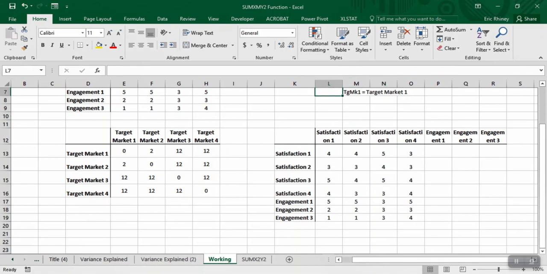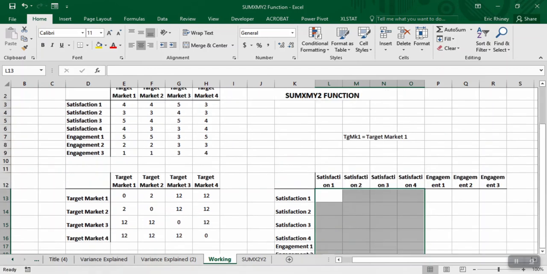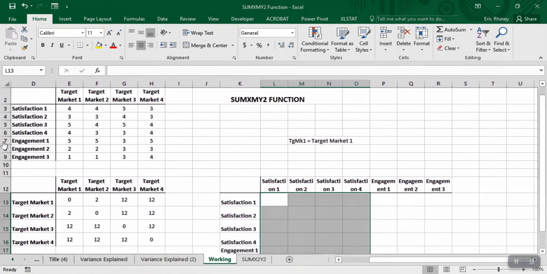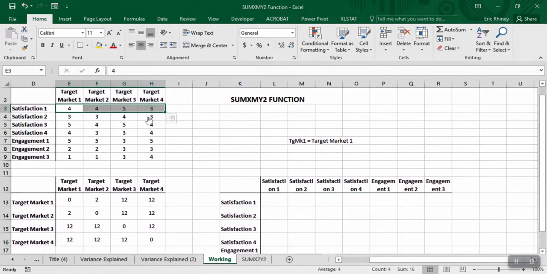All right. And we would have to eliminate this. And one of the first things I might do here is I might name each one of these, create a name reference for each one of these. But let me just show you how we would do this if we were to do it horizontally.